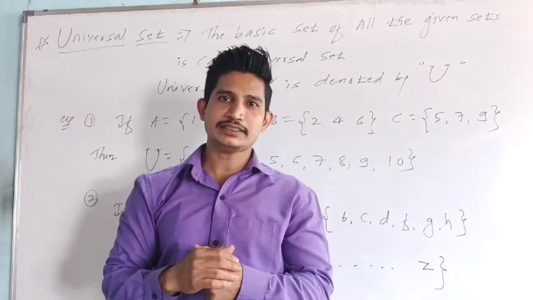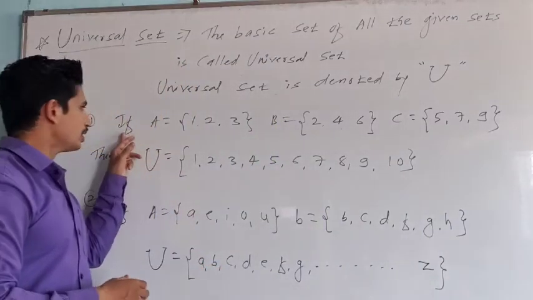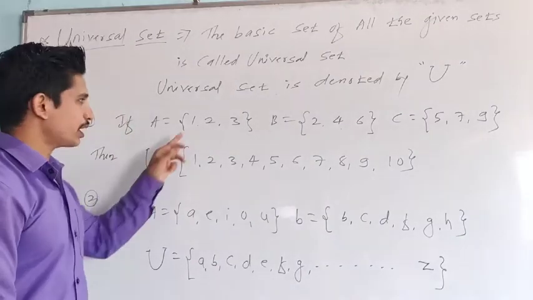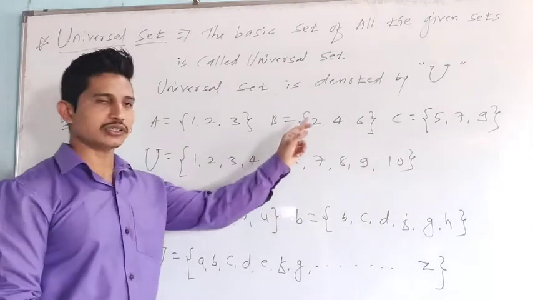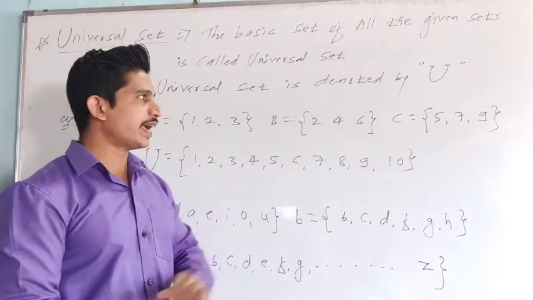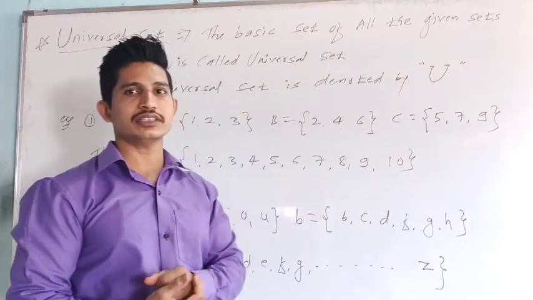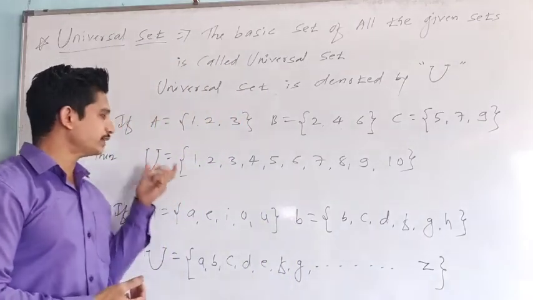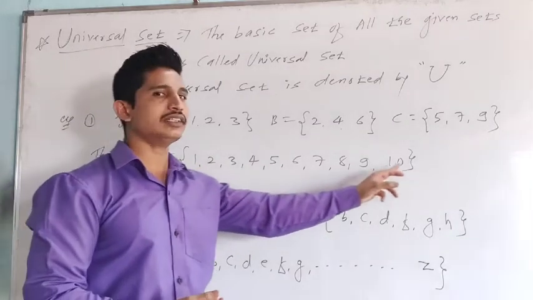Now let's see some examples of the universal set. The first one: A has 1, 2, 3, B has 2, 4, 6, and C has 5, 7, 9. Then what is its universal set? The basic set. U has 1, 2, 3, 4, 5, 6, 7, 8, 9, 10.